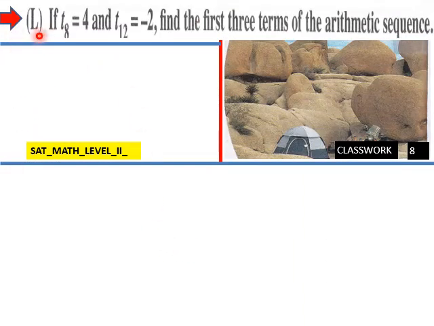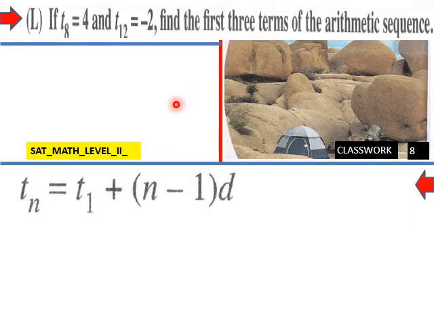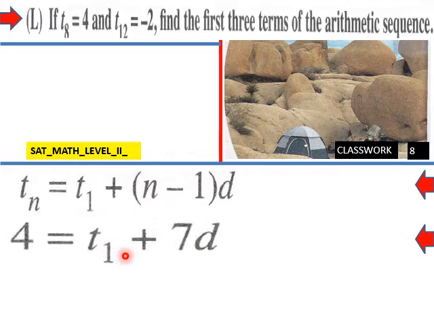L, if term 8 equals 4 and term 12 equals -2, find the first 3 terms of the arithmetic sequence. So term n would equal term 1 plus n minus 1 d. When we plug in here, term 8 would be 4, and term 1 plus 7d. We have a 7d difference here.